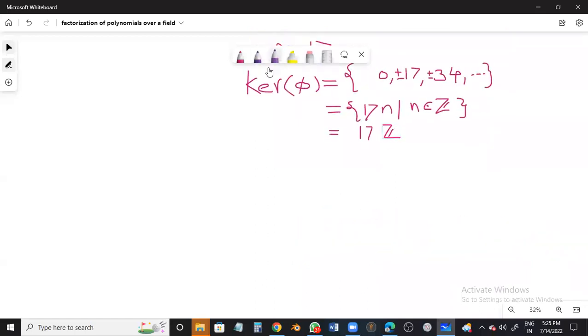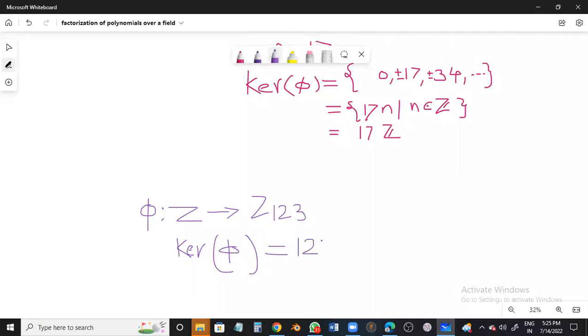And now because Pradnya was talking about 123, if at all you have a homomorphism from Z to Z123, the kernel of phi will be, come on Pradnya, 123Z, of course.